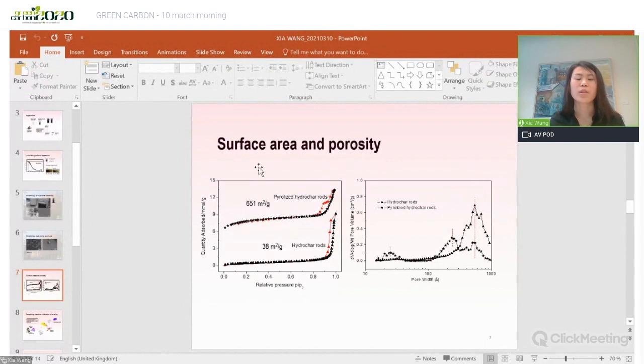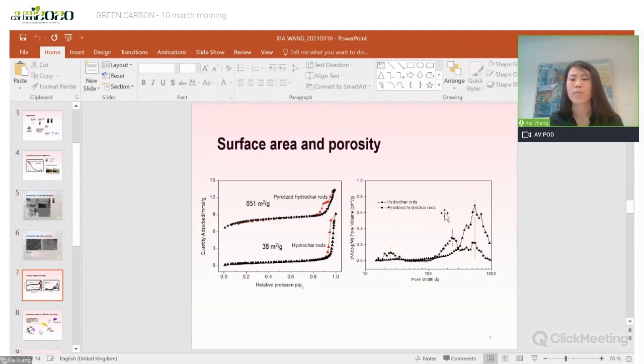And then the nitrogen gas adsorption measurements showed that the pyrolysis increased the specific surface area and porosity significantly. The pyrolyzed hydrochar has 600-plus square meters per gram specific surface area, and also the pyrolysis generated a lot of micropores in this rod material, especially in the spherical particles.